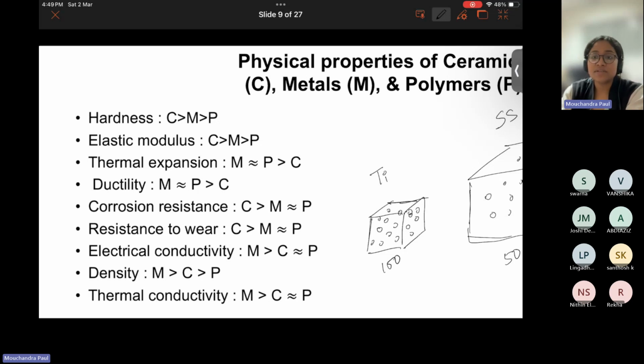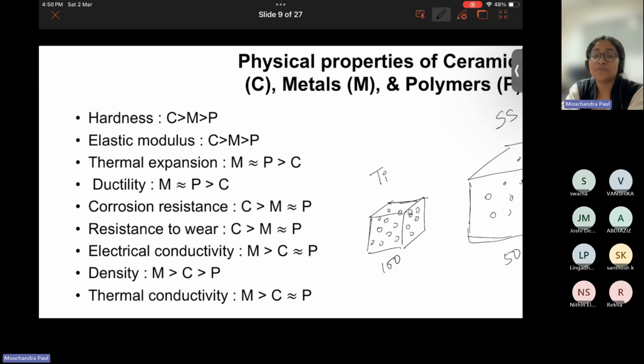Now, hardness, has anyone found out? No? Okay. Hardness is the property of a material to resist any type of deforming force. Ceramics have a very high hardness in comparison to metals.